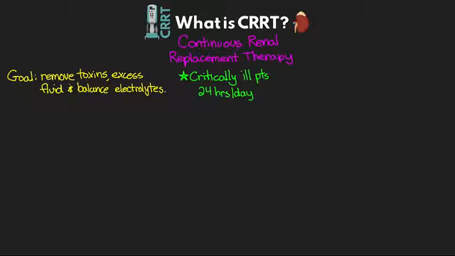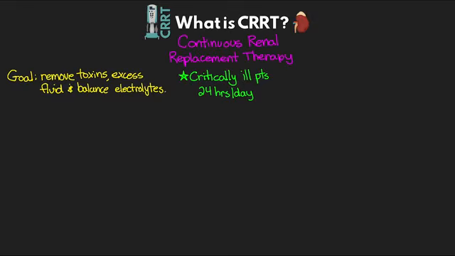Now, it is important to know, though, that not all facilities offer CRRT. Oftentimes in these cases, when we have these critically ill, unstable patients, we're going to offer them a different type of therapy that we call SLED, which stands for Slow, Low, Efficient Dialysis. And these are runs that last anywhere from 6 to 8 hours and are oftentimes done every single day for these patients. So as you can see, that'd be a pretty resource and time-heavy commitment for these patients, but in facilities where you just don't have a CRRT available to you, this is a really good option for these unstable patients.